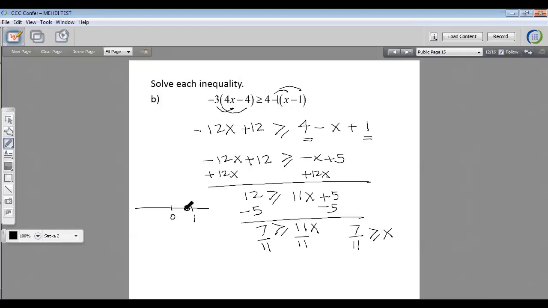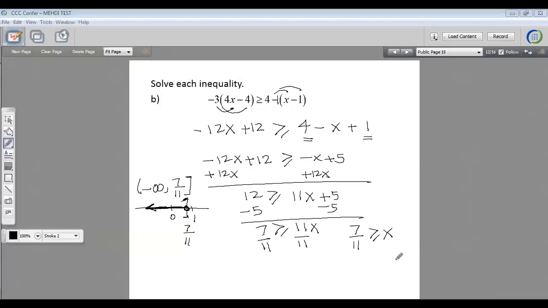Here x is less than, so it would be to the left of that. If I want to write this in interval notation, I'm going to use the brackets here. So it would be all the numbers from negative infinity to 7/11, and then I'm using the bracket here. That would be my interval notation.